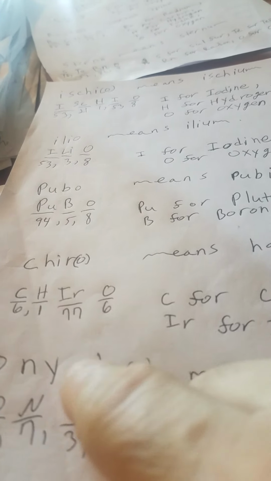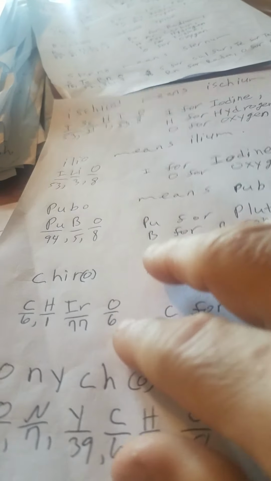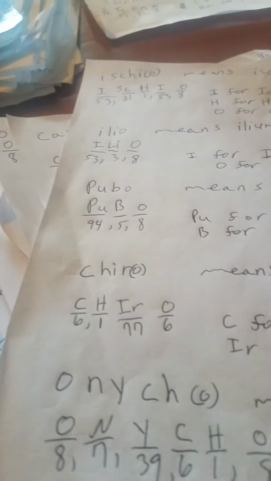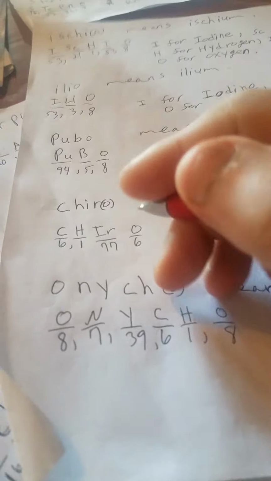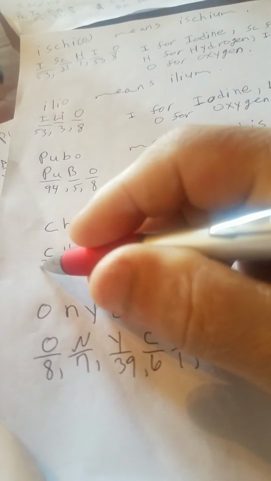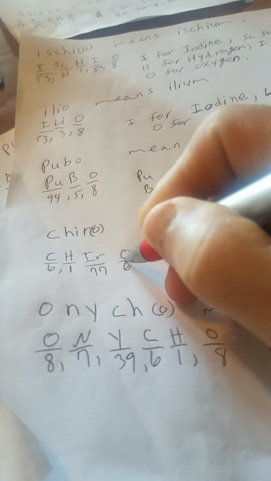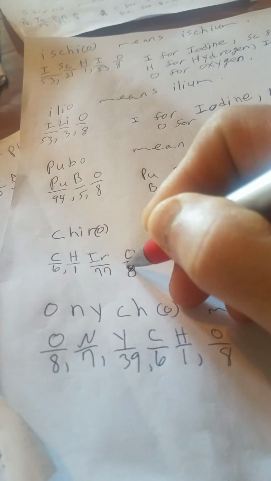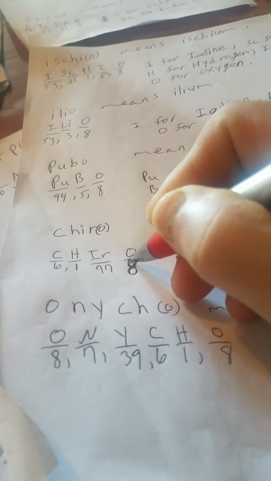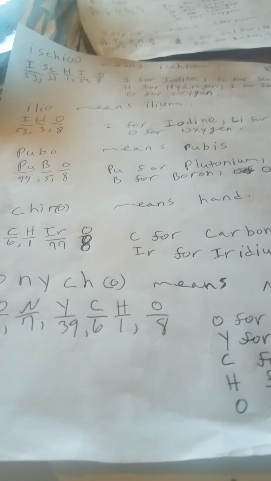And that's 77, and you got oxygen, which is 8, not 6. That's carbon; oxygen is 8, not 6, for atomic number.